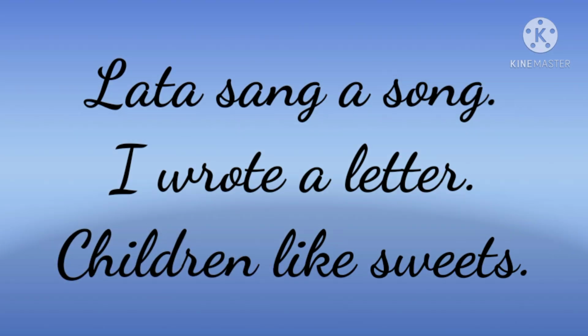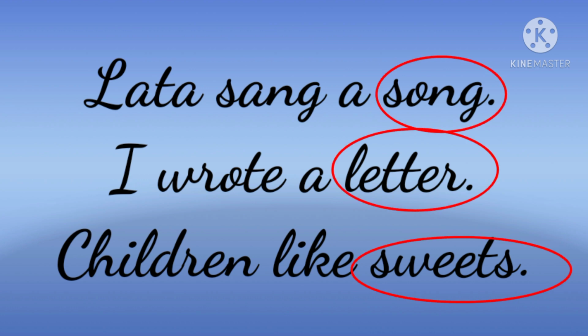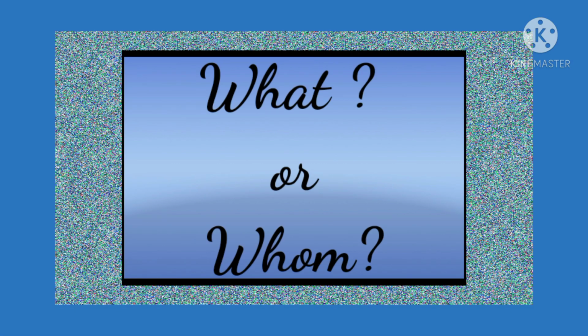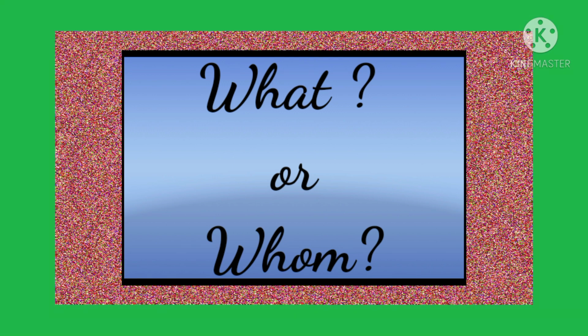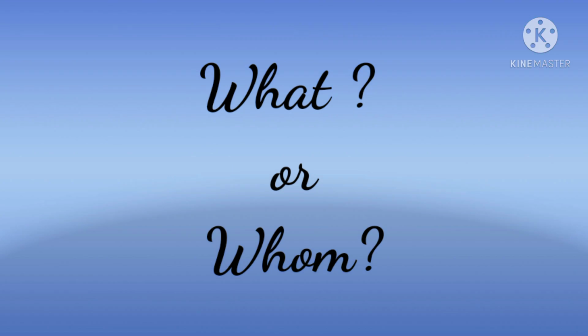Children, in each of these sentences, the verb takes an object. Song, letter, and sweets are objects. Just now I told, if we frame a question using the verb with the word what or who, the word that answers the question is the object of the verb.